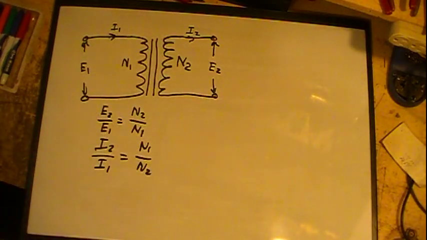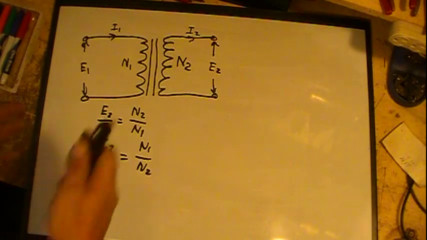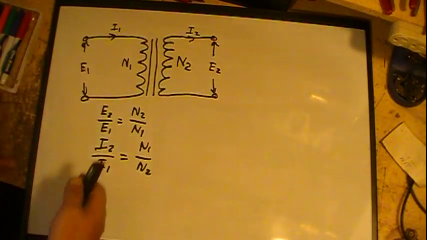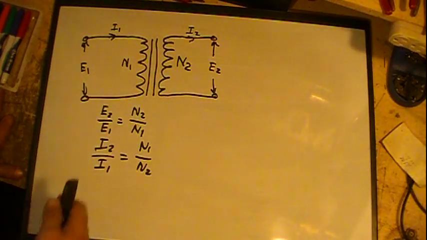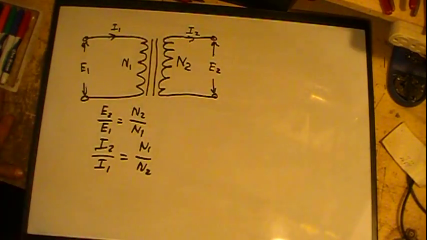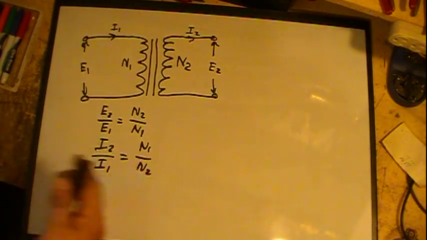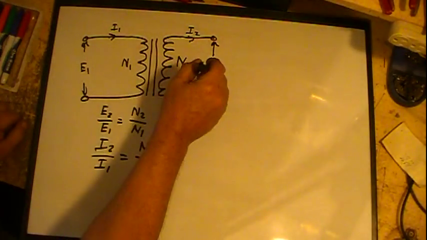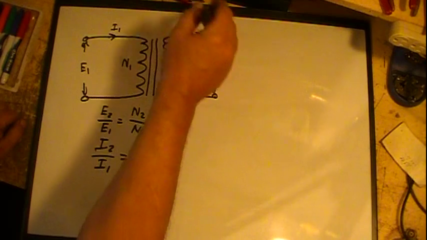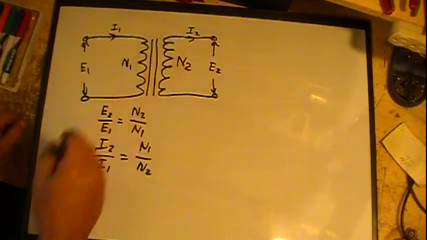There's no perpetual machines. I cannot create energy, so I cannot put 10 watts in and get 100 watts out. If it's 10 watts here, it's got to be 10 watts here. If it's 100 watts here, it's got to be 100 watts here. I can't create energy, so there's no free ride. So if I up my voltage, I have to lower my current to keep the wattage the same.